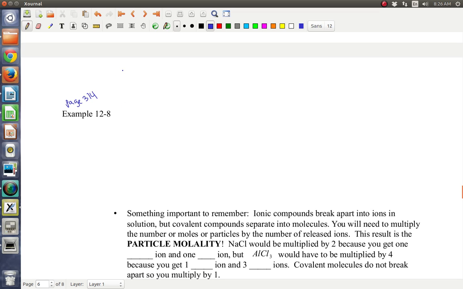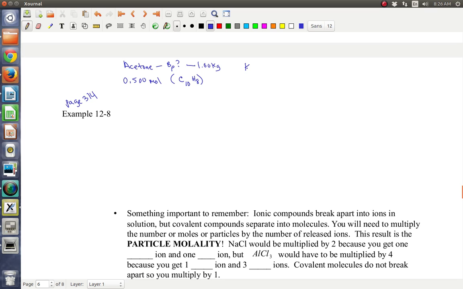So this is the question. What is the boiling point of acetone when 0.500 moles of naphthalene, C10H8, is added to 1 kilogram of acetone?